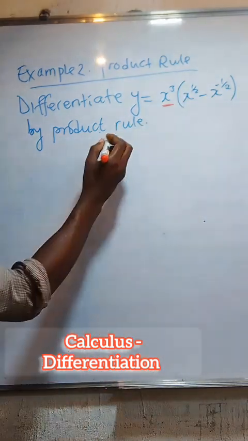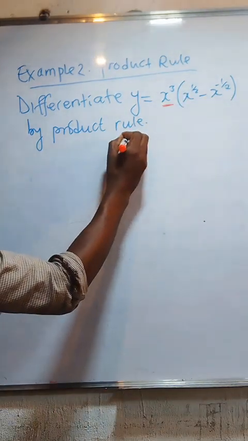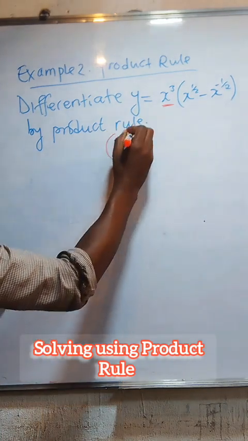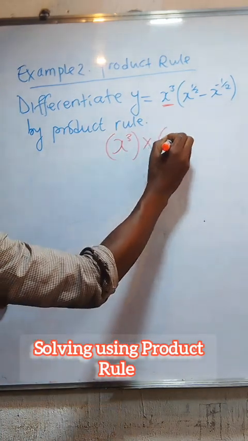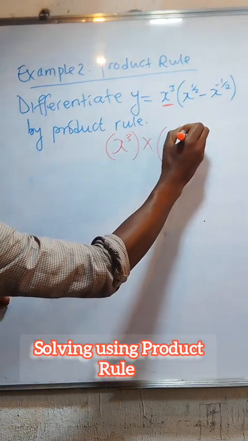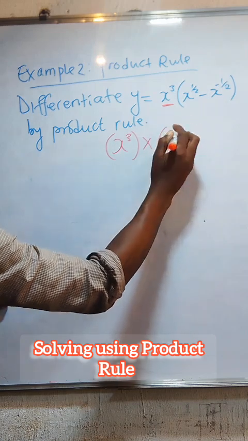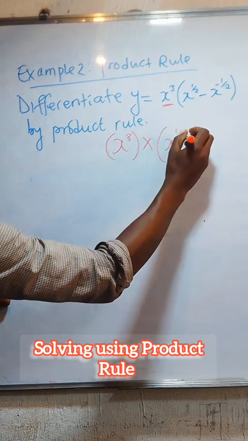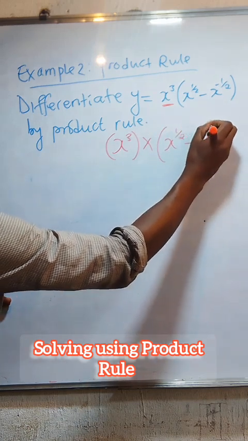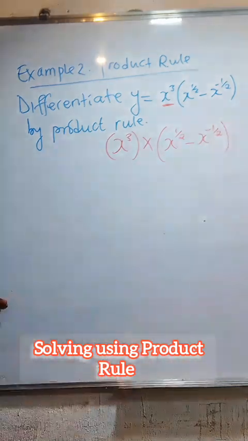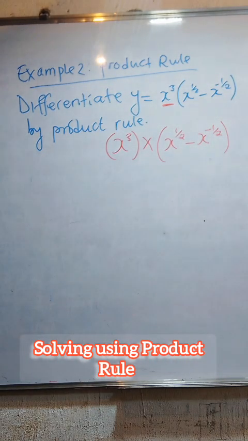So you have x to the power 3, multiplied by the one in the bracket, x to the power half minus x to the power negative half. That is what you have at this moment, okay.